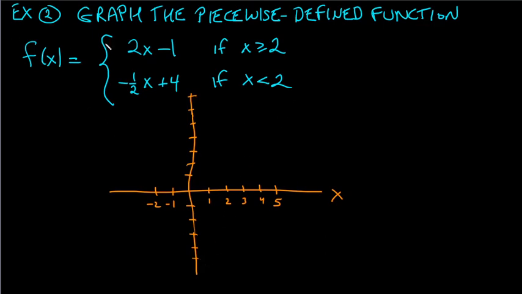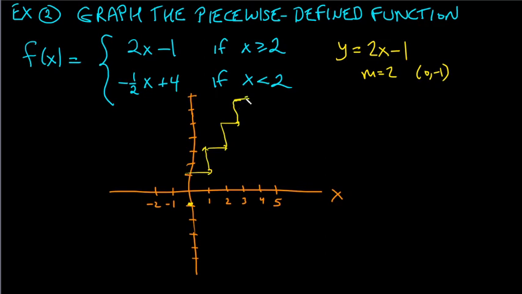All right. So, yep. Let's start with the line y equals 2x minus 1. So we know the slope is 2 and the y-intercept is 0, -1. So here's 0, -1, and then go up 2, right 1, up 2, right 1. Right.